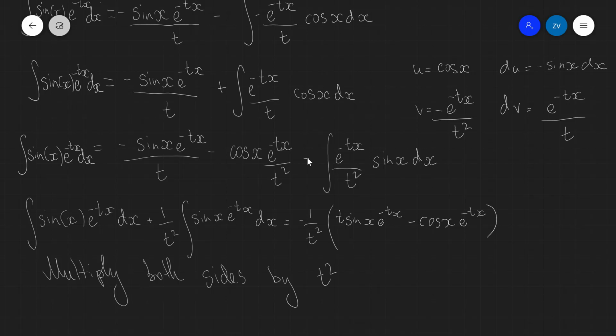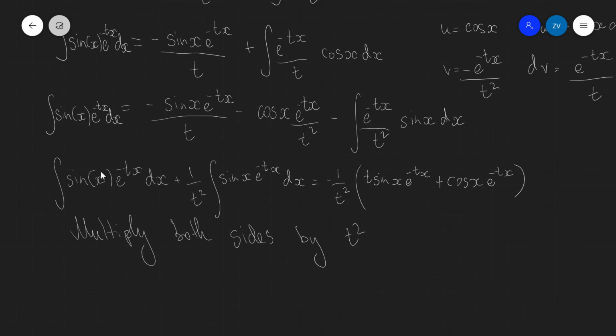Take away our new integral from the integration by parts, which is v du. Now our v is e to the minus tx divided by t squared. The negative sign, I've just taken outside of the integral, multiplied by du, which is minus sine of x dx.